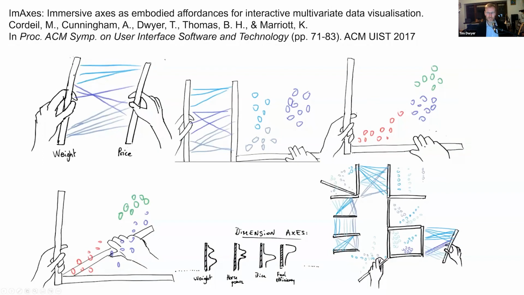Another visualization system. This is coming back to the axis idea. We were inspired by that 3D axis device that we built to think, well, what if you could pick up the axes and place them in the room around you? And so we came up with this IMAXes idea, where the axis is the primary interaction affordance in the space.